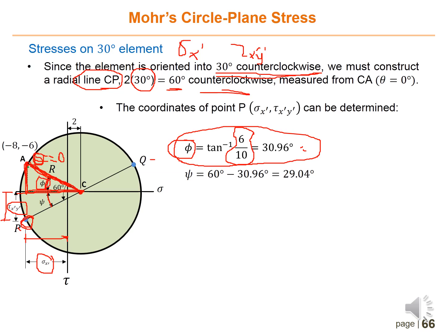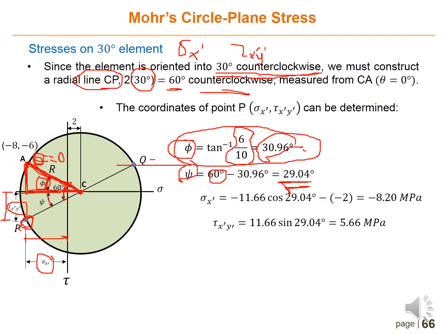Okay, so next is to determine the psi value. Since we know that this one is 60 degrees, you can just subtract phi from 60 degrees. 60 degrees minus 30.96, which is the phi angle, is equal to 29.04 degrees.